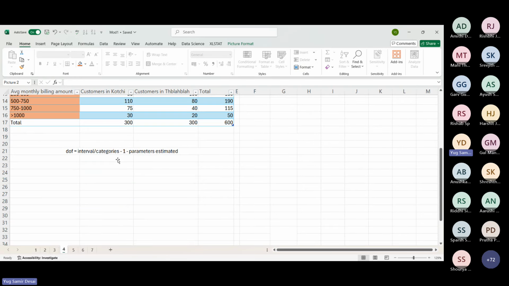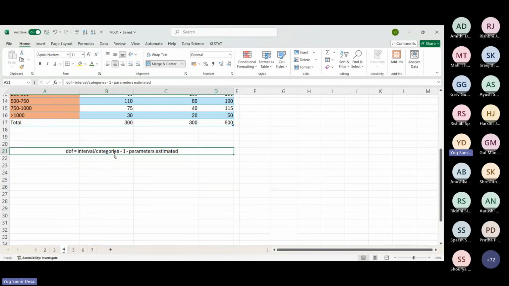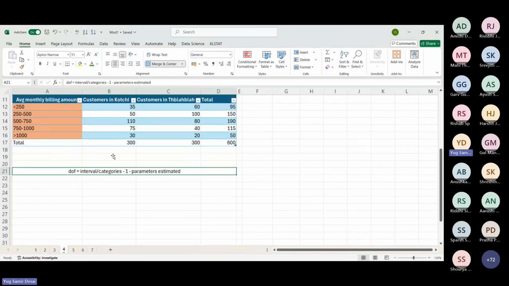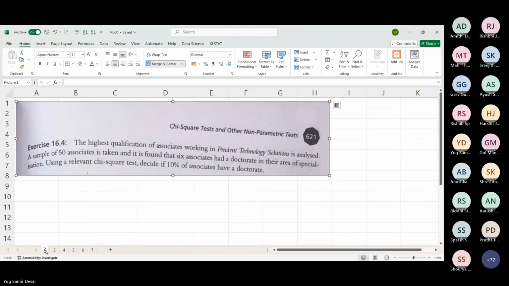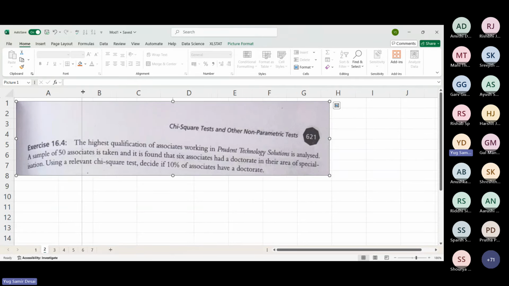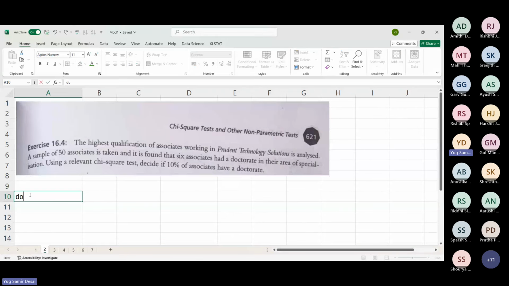This is the only difference in any chi-square test, the degrees of freedom. In the first case, it's really easy. Here the degrees of freedom would be R minus 1, because here your R has two parameters.